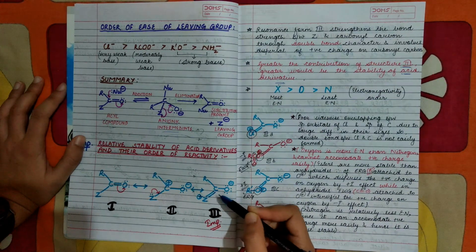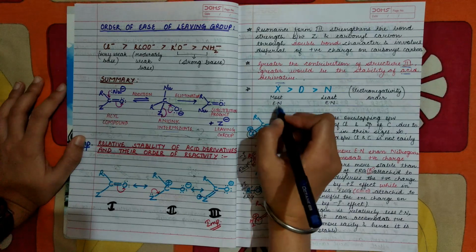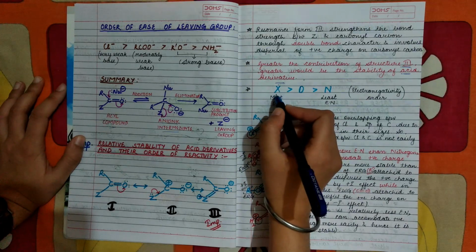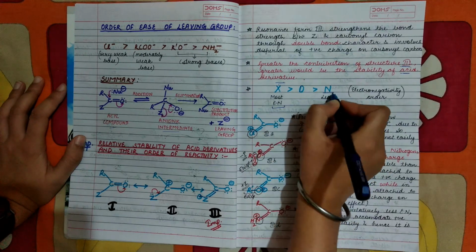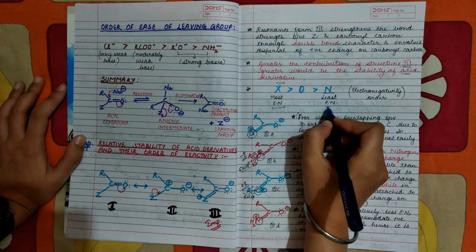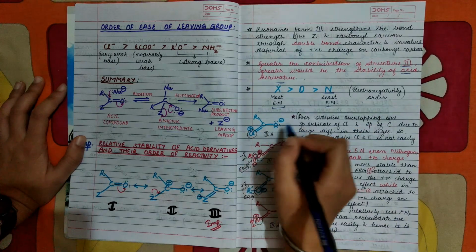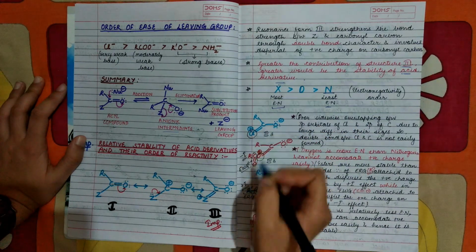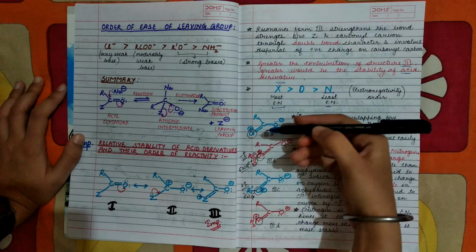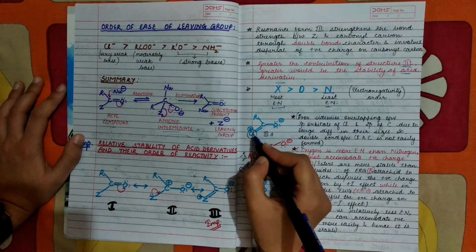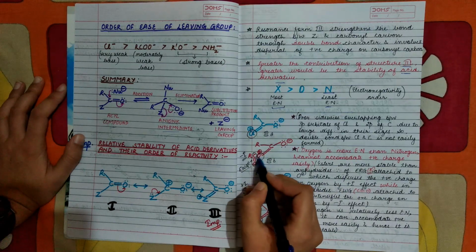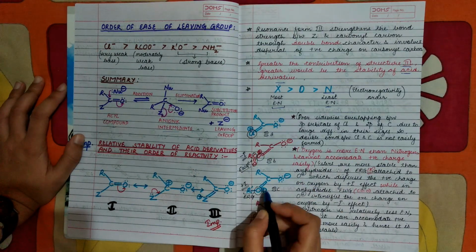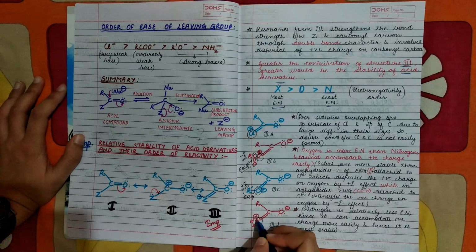Right? Is it clear? Now, we know that X, that means halogens, are the most electronegative, followed by oxygen and nitrogen. Nitrogen is the least electronegative. Now, look at this structure. We have drawn 4 structures, in which the first Z group is chlorine, the second Z group is OCOR, the third Z group is OR-, and the fourth Z group is NH2.